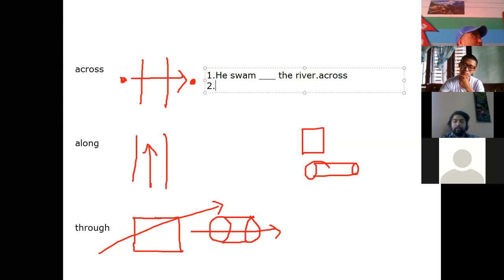Next one: he went dash the bridge. What is the purpose of a bridge? It helps you cross, go across, or come from one side to the other.